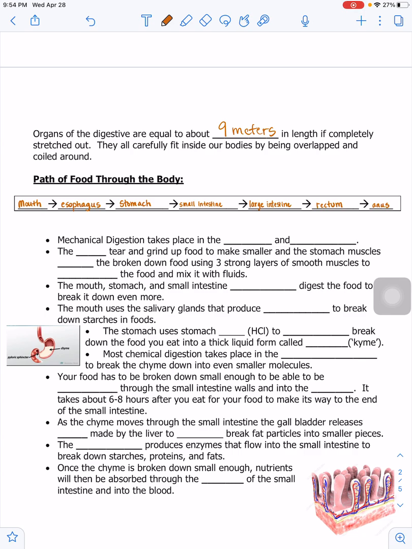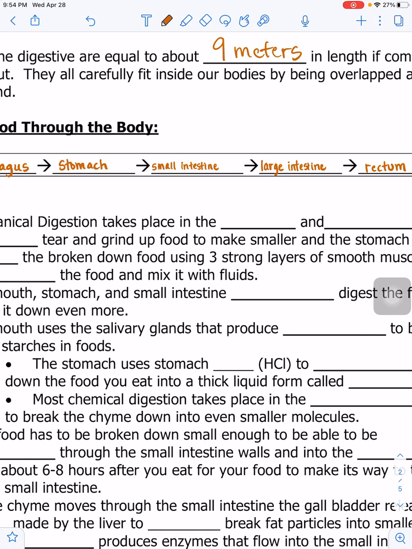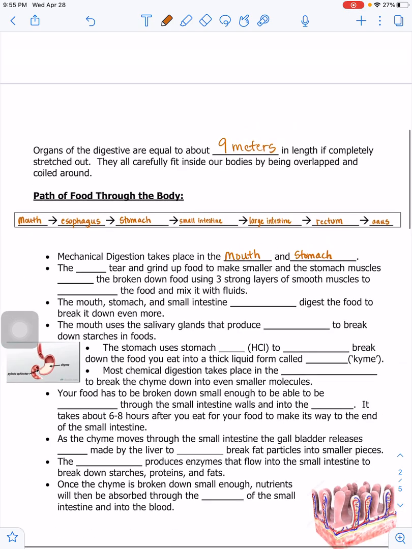Mechanical digestion takes place, where you'll have breaking of the food physically in the mouth and the stomach. I know you're thinking, oh, what about stomach acid? That's chemicals. Well, we're going to get to that, what the physical part of digestion is in the stomach.